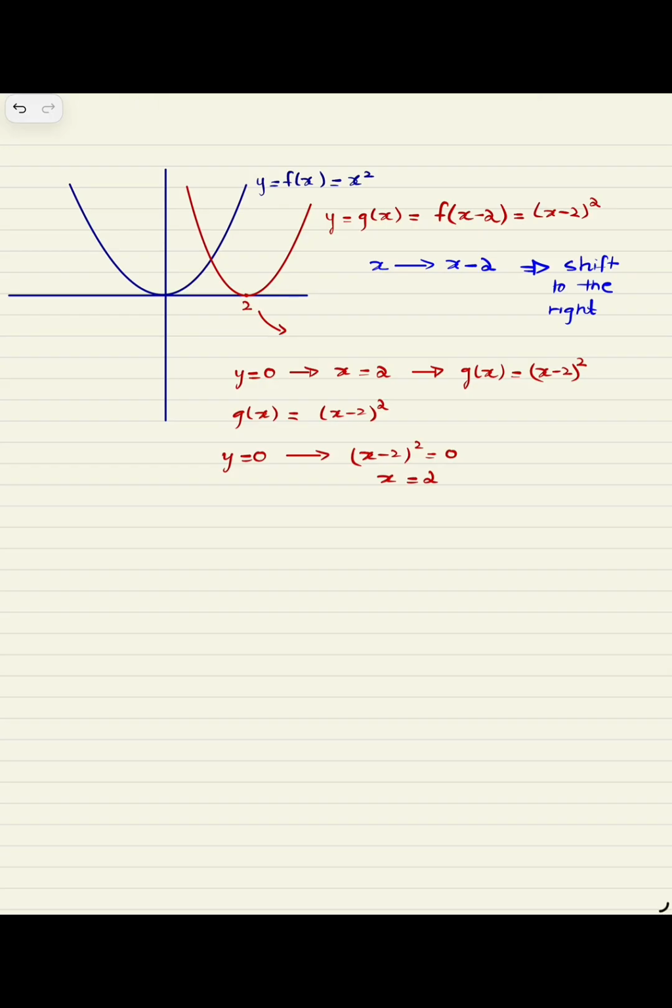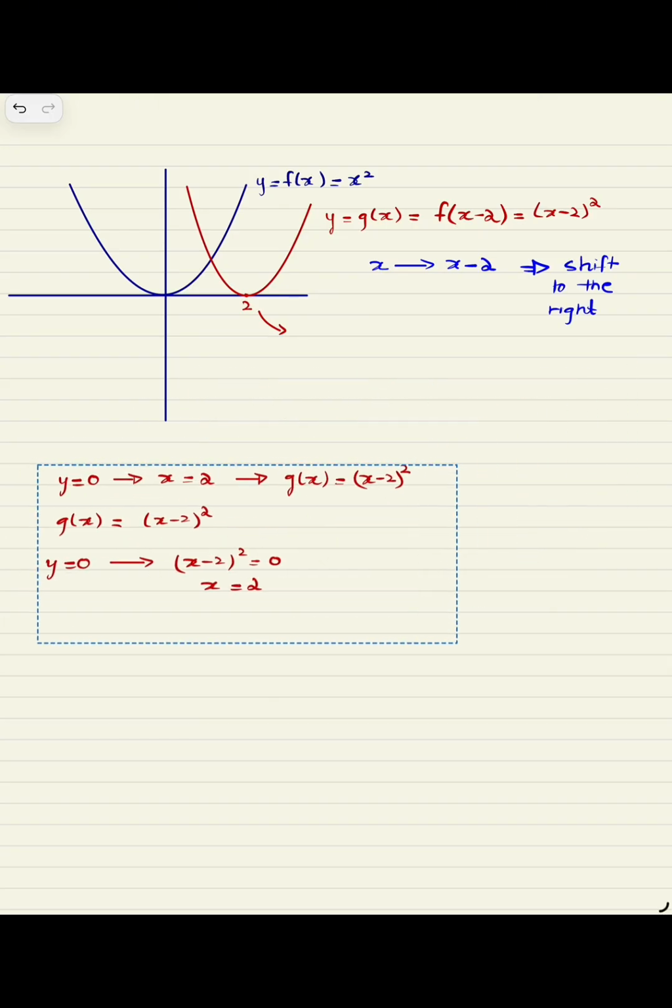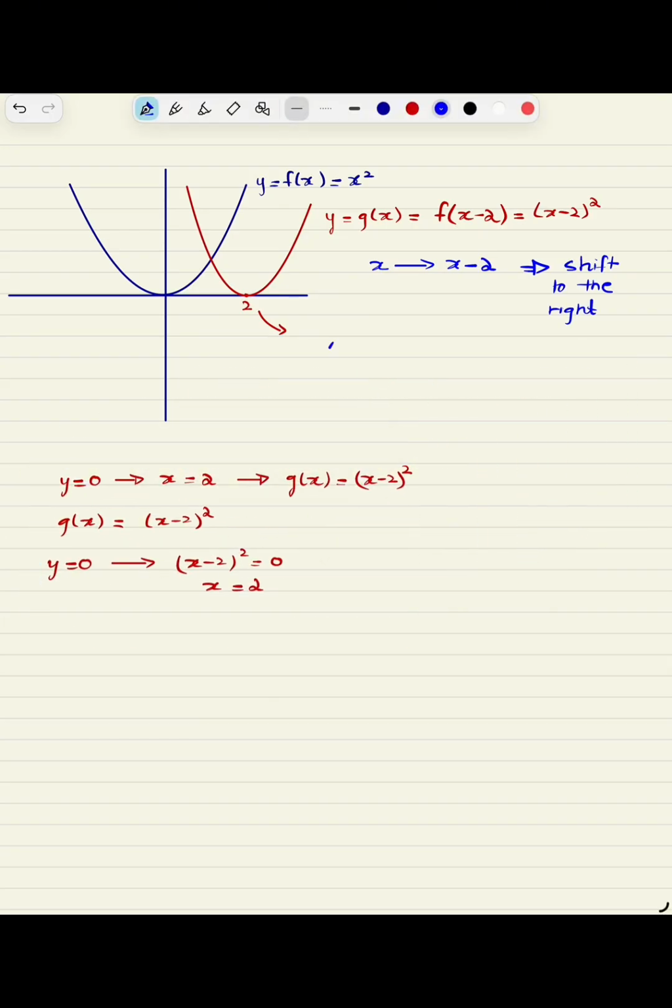And how I represent this in coordinate form is that if you had x and y, the x now becomes x plus 2 and the y is the same.